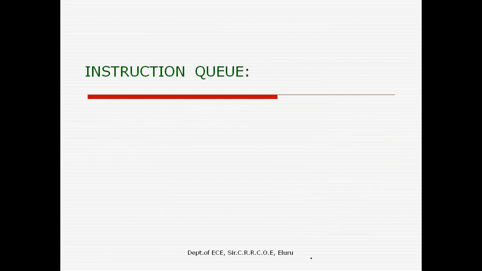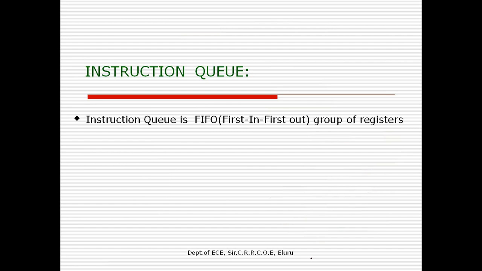It is nothing but a group of registers which work on the first in first out principle, which means the first one to get into the queue is the first one out of the instruction queue.